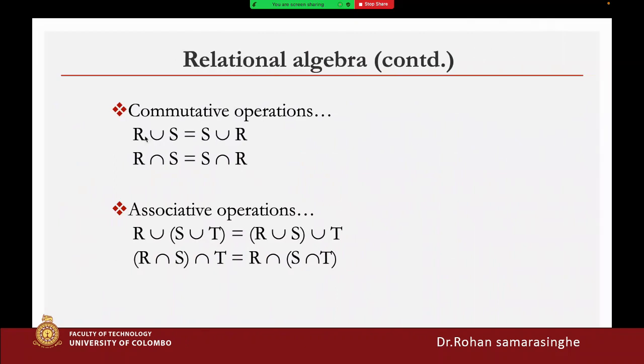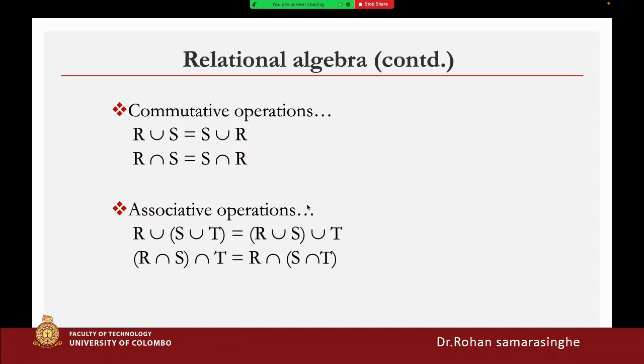Also, commutative operations mean R union S equals S union R. There is no difference because R and S are union compatible relations. R intersect S is also similar to S intersect R. This is commutative.